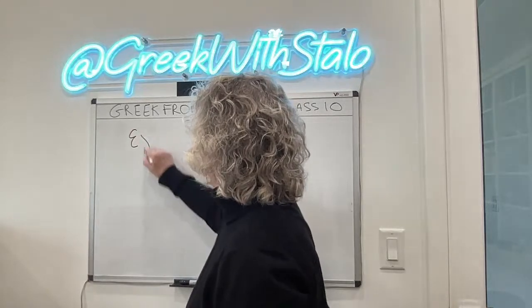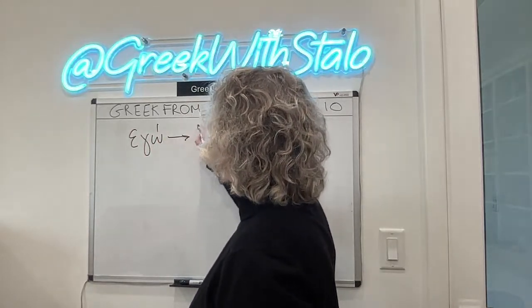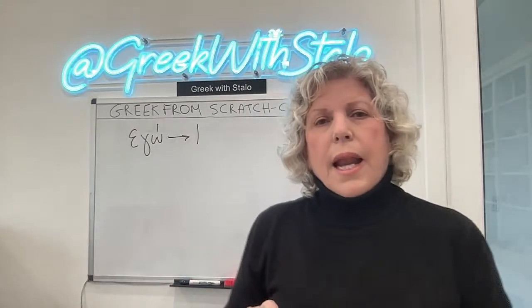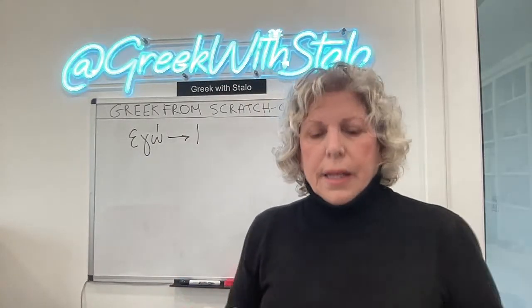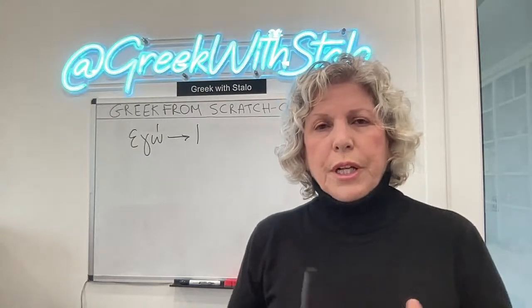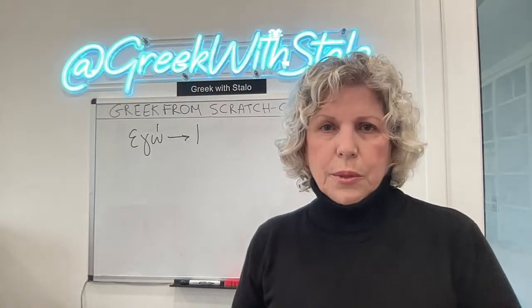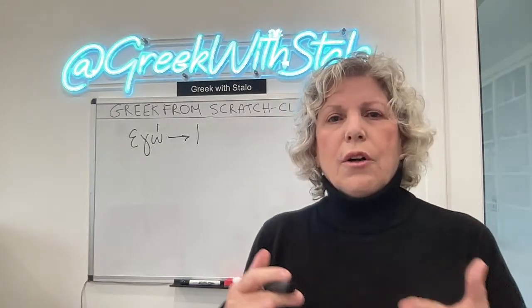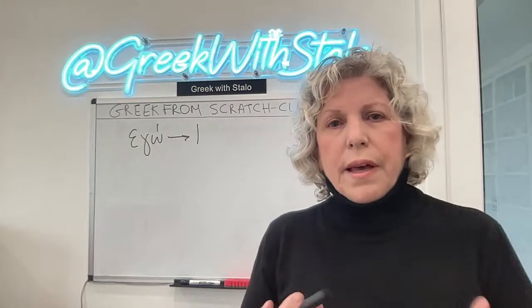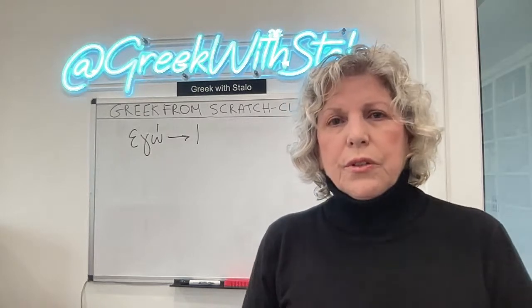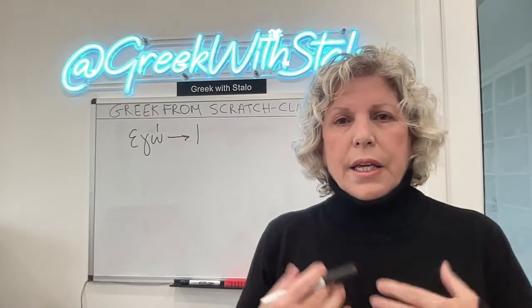So the next thing we learned was the personal pronoun in the first person singular, ego, which means I. Now, we mentioned that in Greek, it's not necessary to use personal pronouns before the verbs. And the reason is that the ending of a verb tells us what person the verb is, if it's I or you or he or she or they.